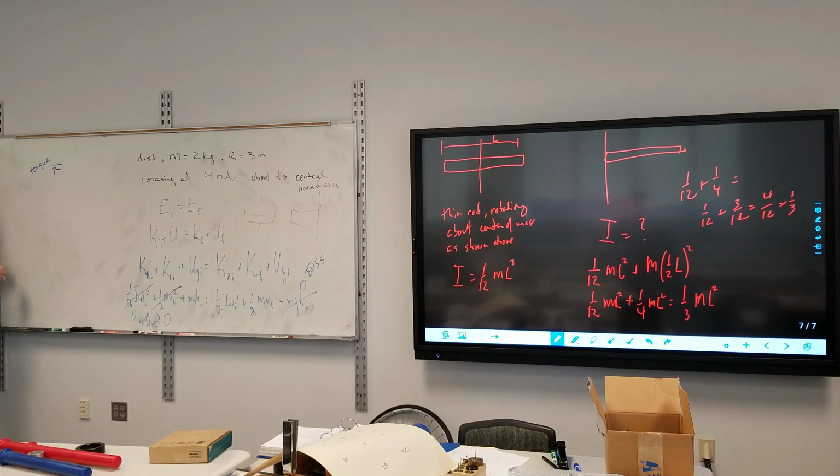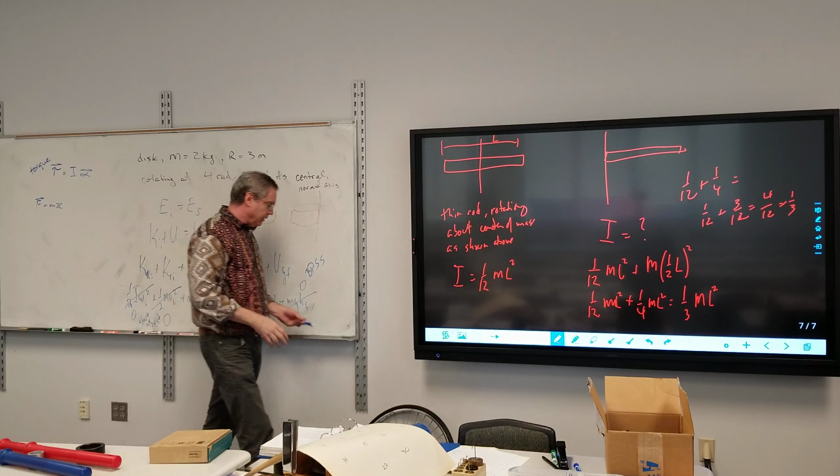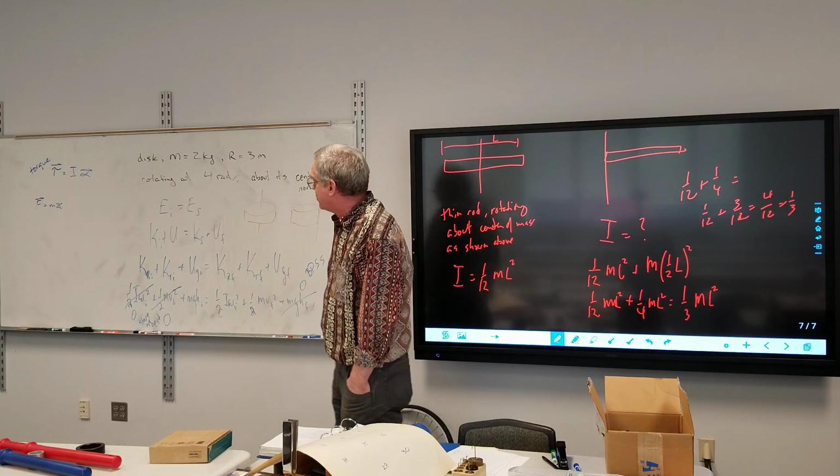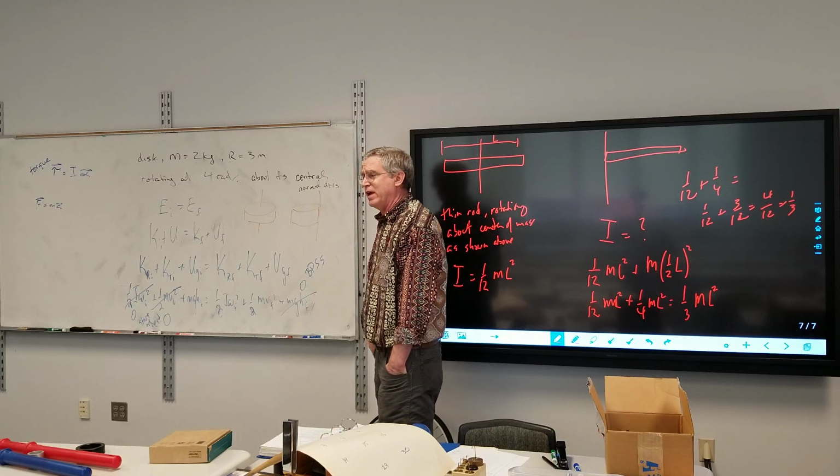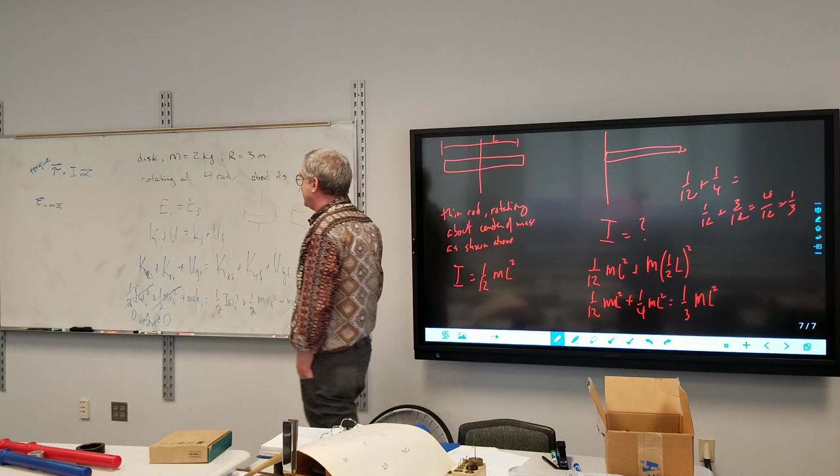If we transliterate Newton's second law, F equals ma, we get tau is equal to I alpha. Moment of inertia coming back into it. So for the same amount of torque, the greater the moment of inertia, the less the angular acceleration, less change to the angular velocity.